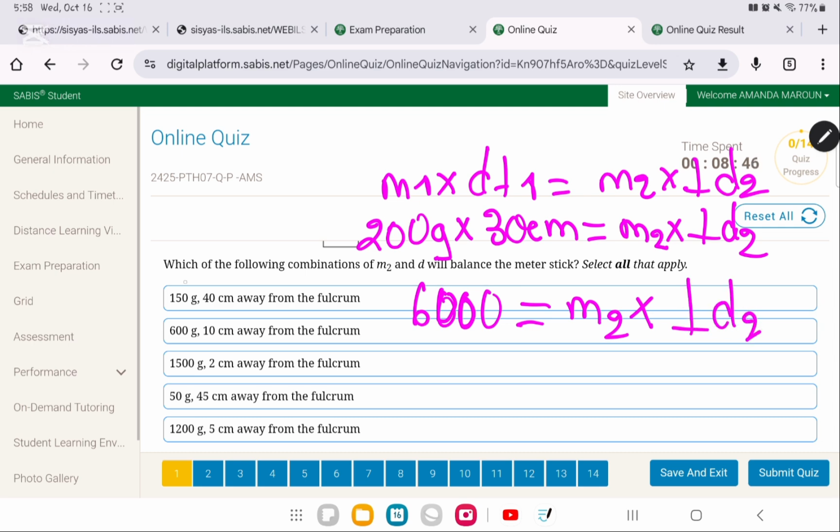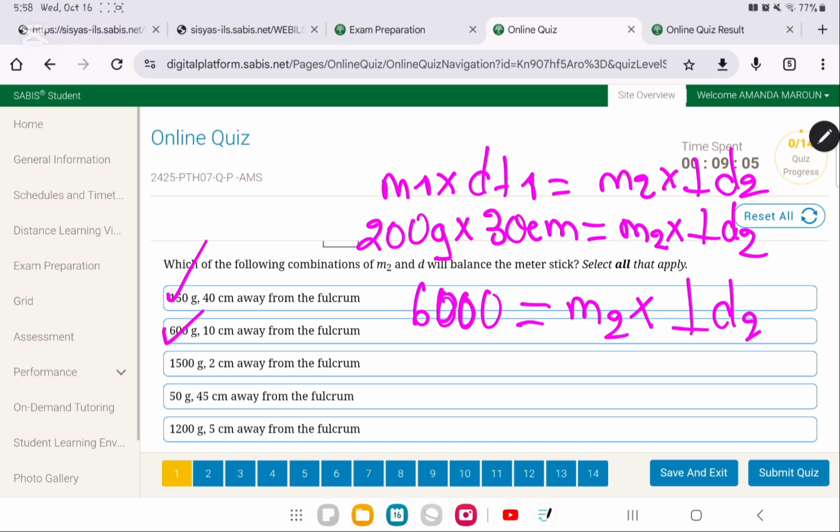So very simply, we can just try each mass multiplied by its distance and see whether it is equal to 6,000. 150 times 40 is equal to 6,000, so the first one is an option. Then 600 times 10 is equal to 6,000, so it is an option.